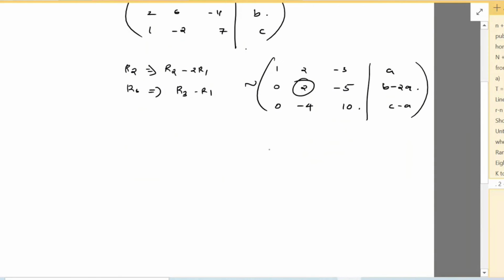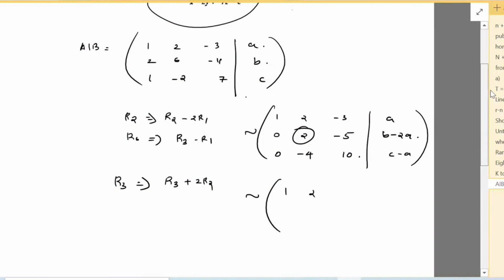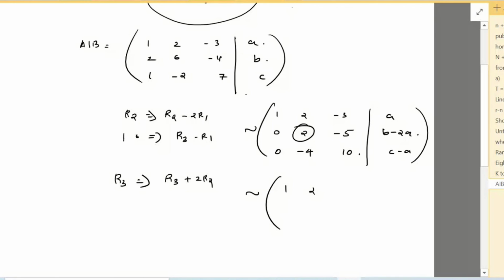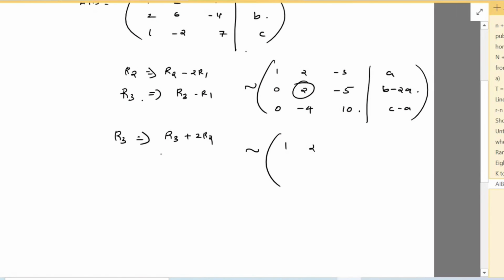Now mark the second leading coefficient and make the entry below it 0. We apply the operation R3 changes to R3 plus 2R2.